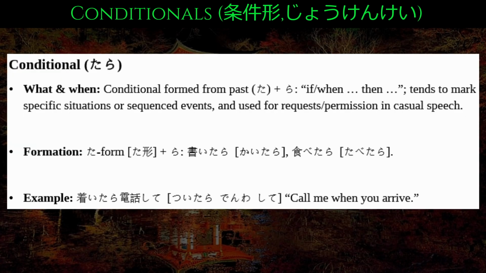Next, the conditional tara. So, again, what and when. Conditional formed from, you guessed it, the past tense, the ta form plus ra, meaning if or when something, then something else. This one tends to mark specific situations or sequenced events, and is used for requests, permission in casual speech.